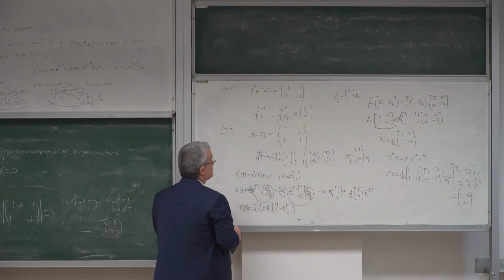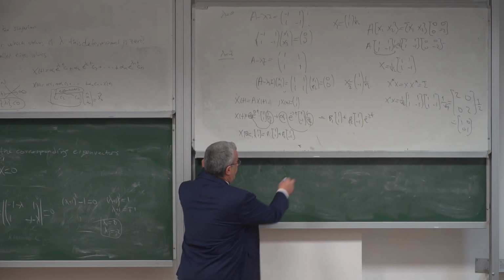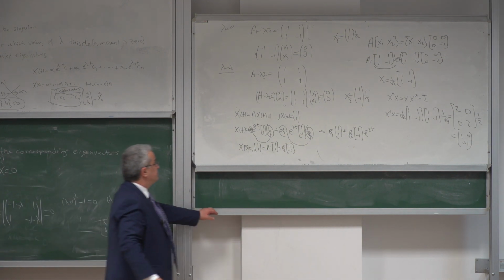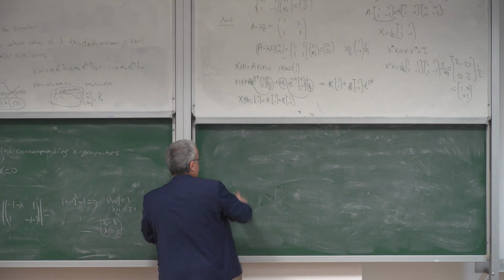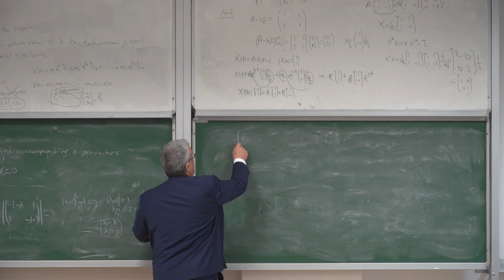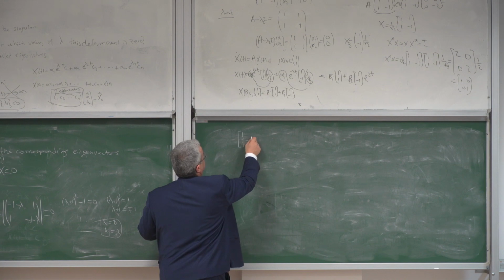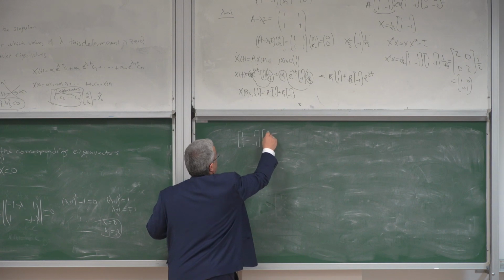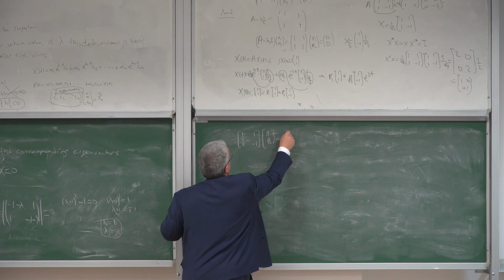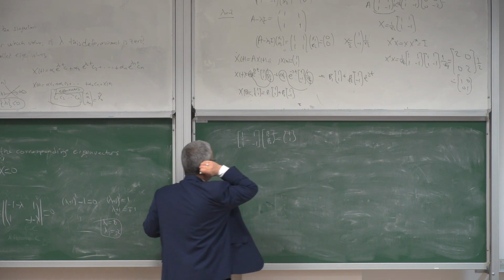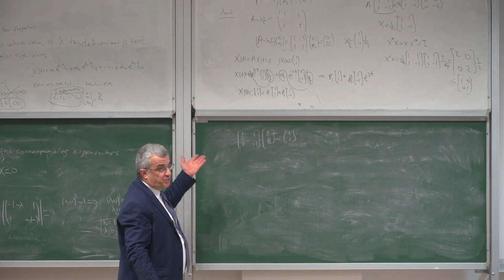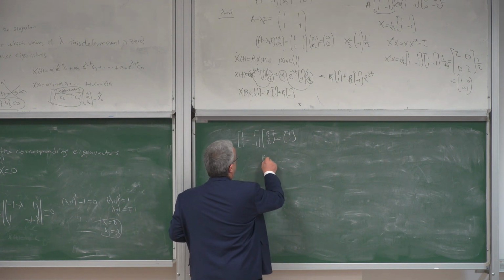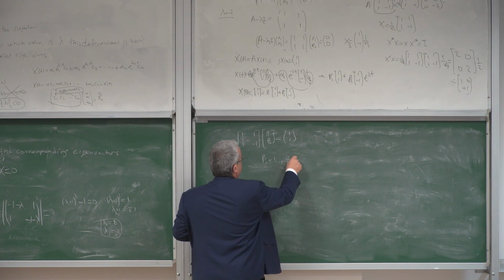In other words, the matrix 1, 1; 1, minus 1 times beta 1, beta 2 should be equal to 1, 1. Just by coincidence. So what is beta 1 and beta 2? Beta 1 is equal to 1. Beta 2 is equal to 0.